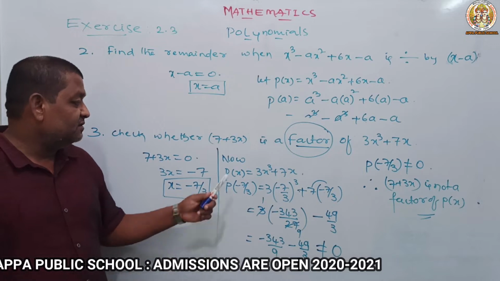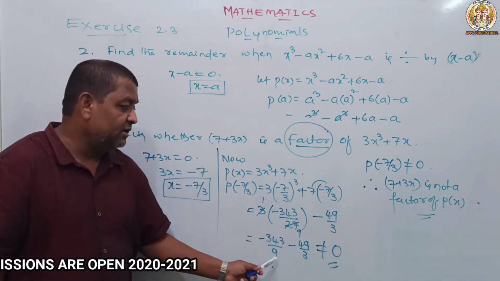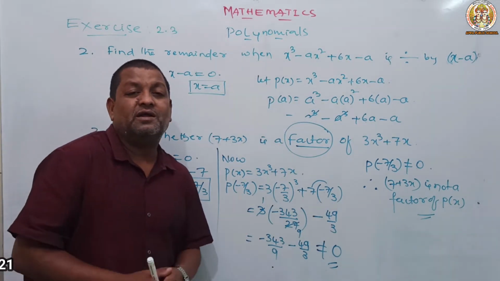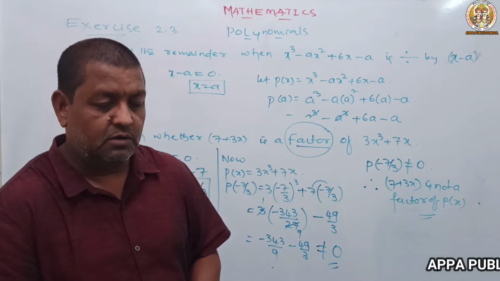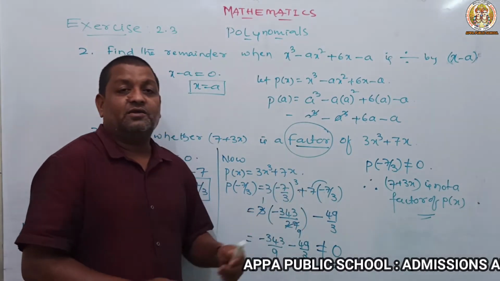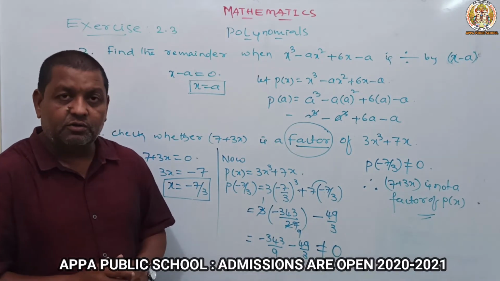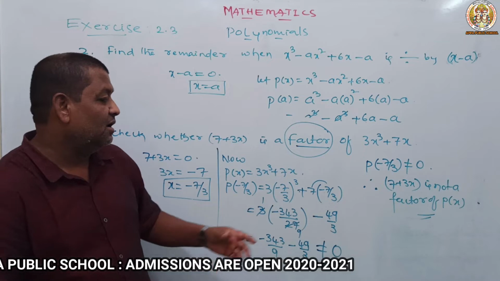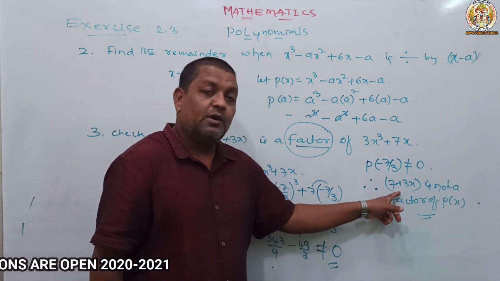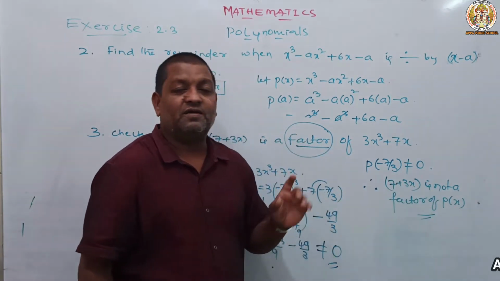After finding x, substitute in the polynomial. After a little simplification, we check whether we are getting remainder 0 or not. If you got remainder 0, then you tell it is a factor. If the remainder is not equal to 0, then definitely our conclusion is that this given linear polynomial is not a factor of P of x.